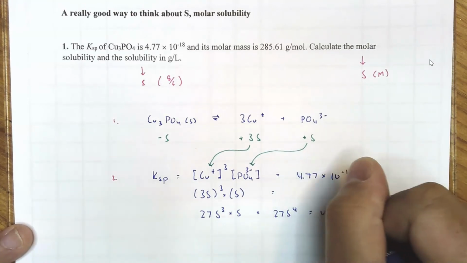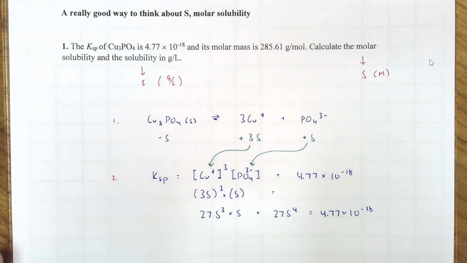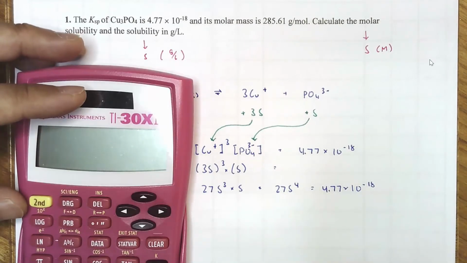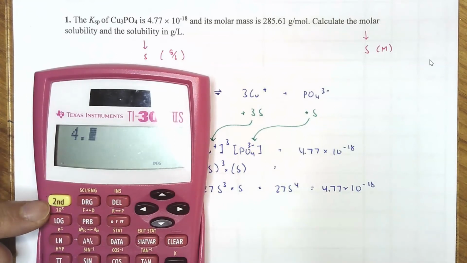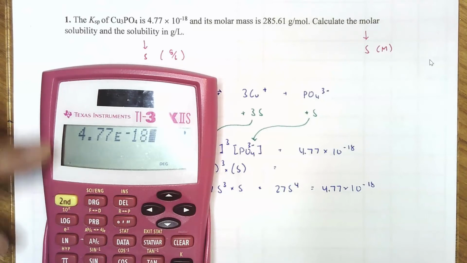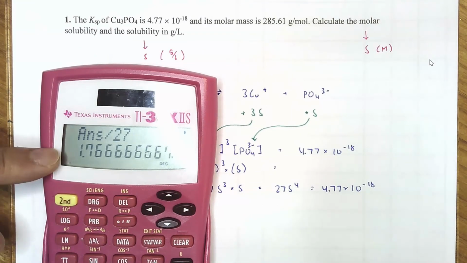Equals 4.77 times 10 to the minus 18. Now in terms of the calculator work, let me get this number into my calculator. It's minus 18. Okay, that's saved. I'll divide both sides by 27, so divide by 27. Okay, so that number's saved.